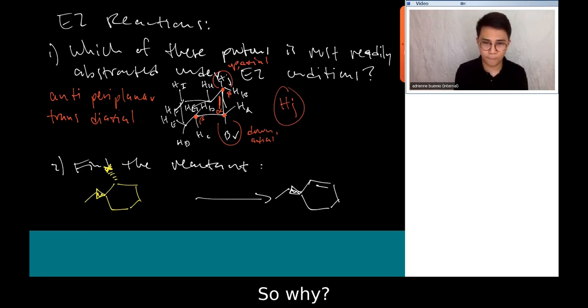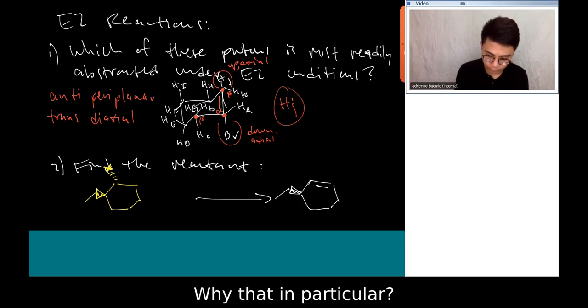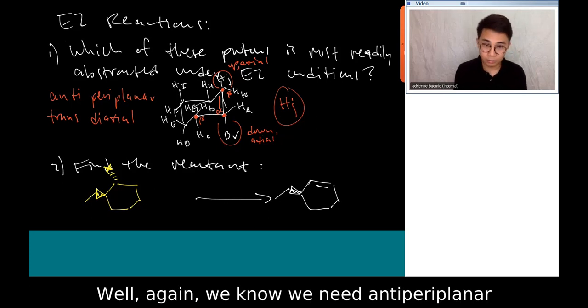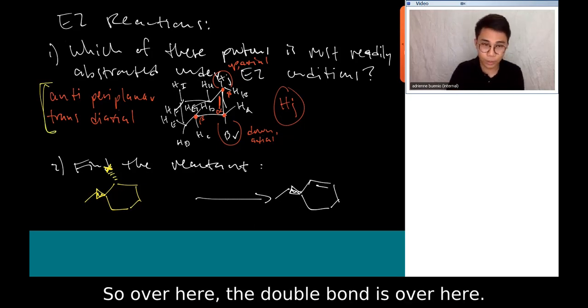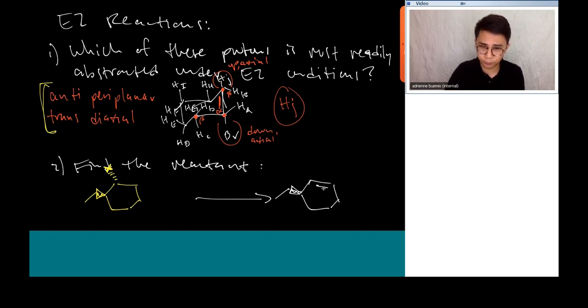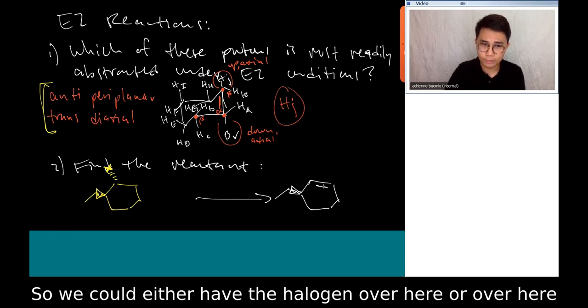So why that in particular? Well, again, we know we need anti-periplanar and trans-diaxial. So over here, the double bond is over here, right? So we could have the halogen over here or over here, to make that double bond.